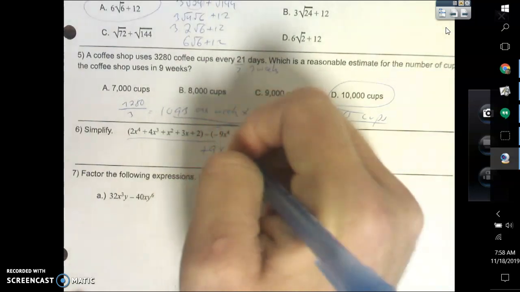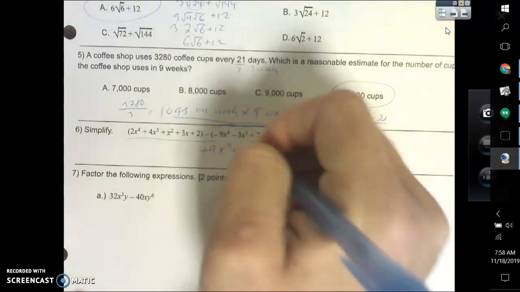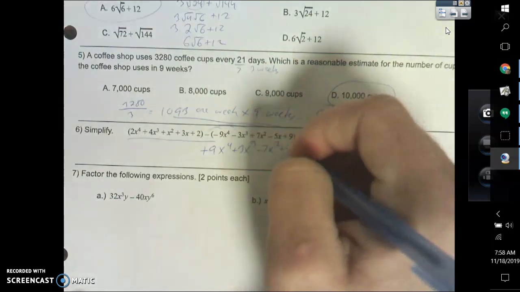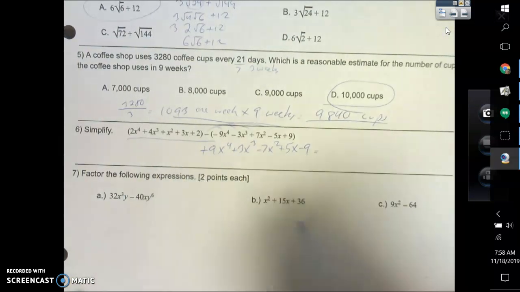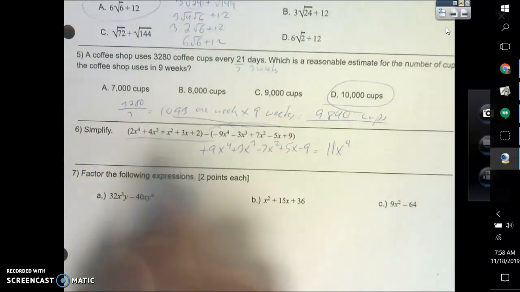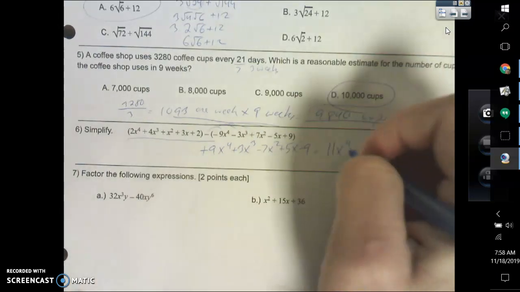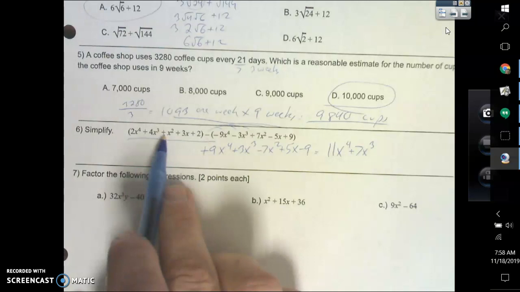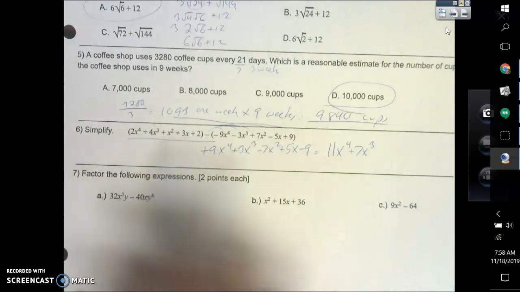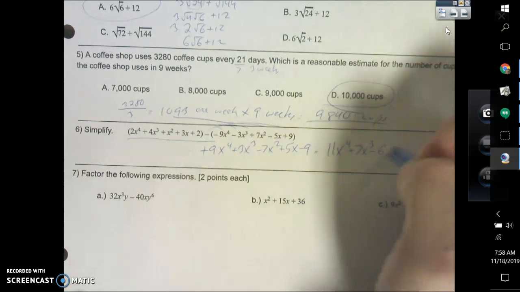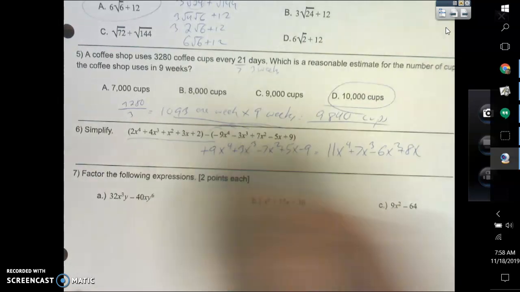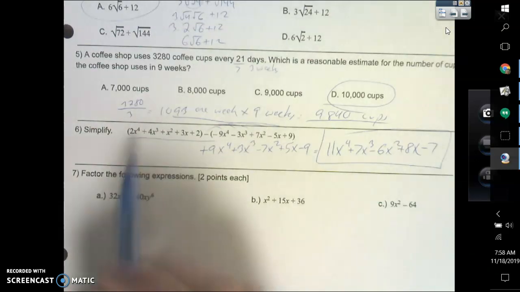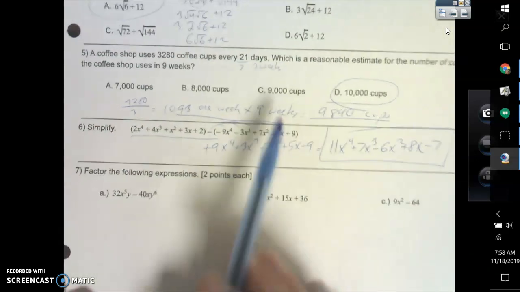Plus 9x to the fourth, plus 3x to the third, minus 7x squared, plus 5x, minus 9. 2x to the fourth plus 9x to the fourth is 11x to the fourth. 4x to the third plus 3x to the third is 7x to the third. x squared, minus 7x squared, negative 6x squared. 3x plus 5x, 8x, and then 2 minus 9, negative 7. There you go. So take your time, combine like terms, use the calculator if need be.